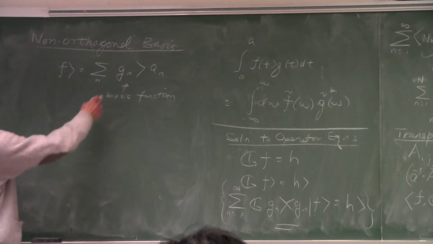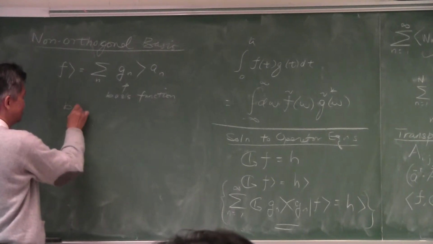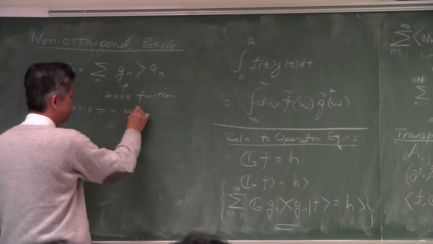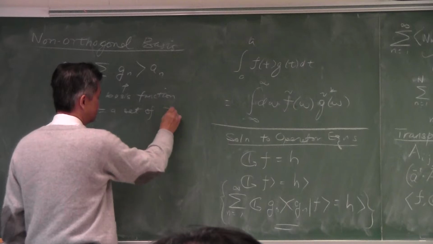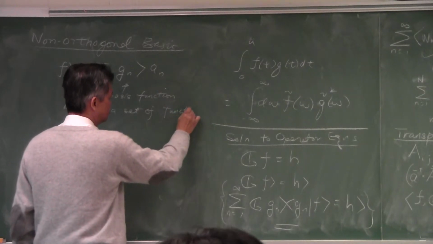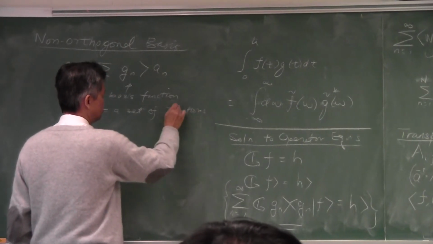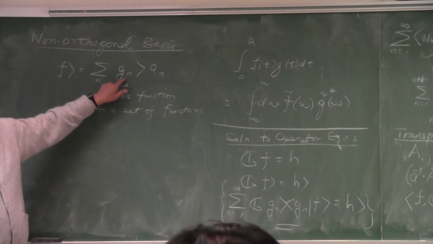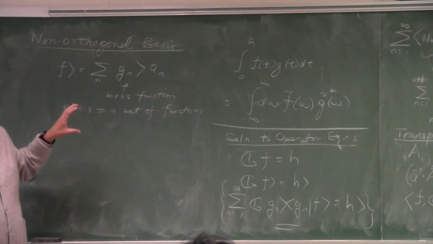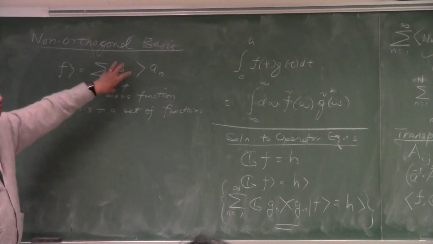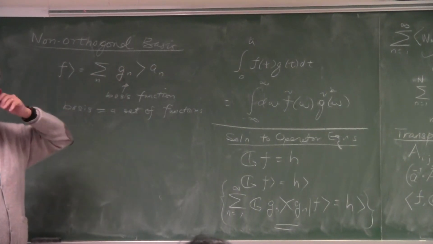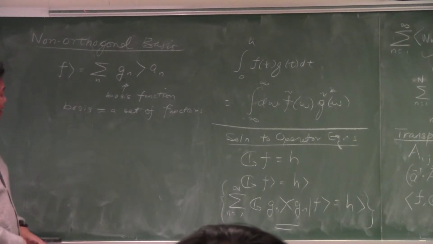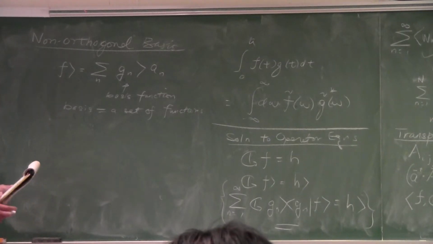People will always call this a basis. If you look up the mathematical definition, a basis is actually a set of functions. We shouldn't call this a basis, we should call this a basis function. The basis is a set of functions, but in the EM literature, people call this a basis, which I think is wrong nomenclature.